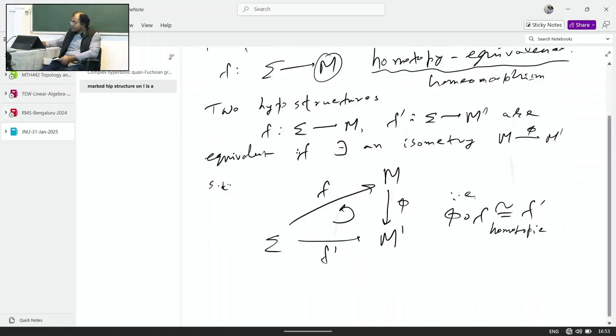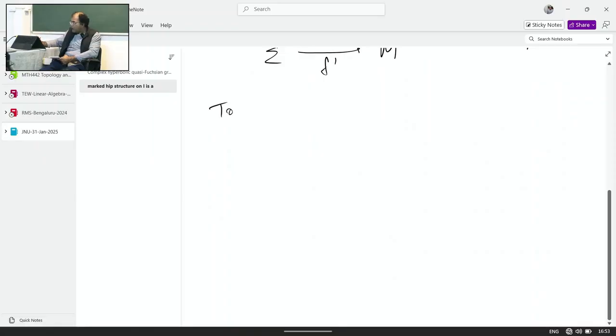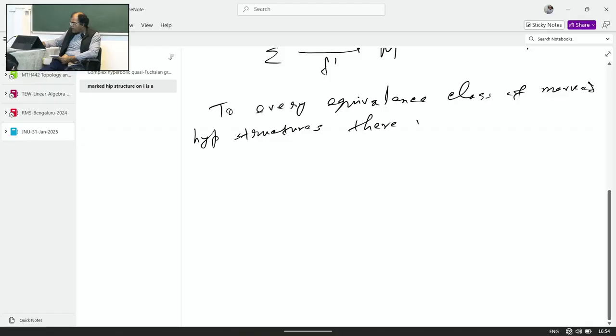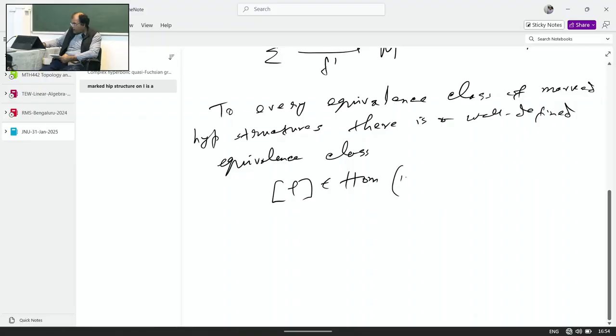So, to every equivalence class of marked hyperbolic structures, there is a well-defined equivalence class [rho] in Hom(pi_1, G)/G.